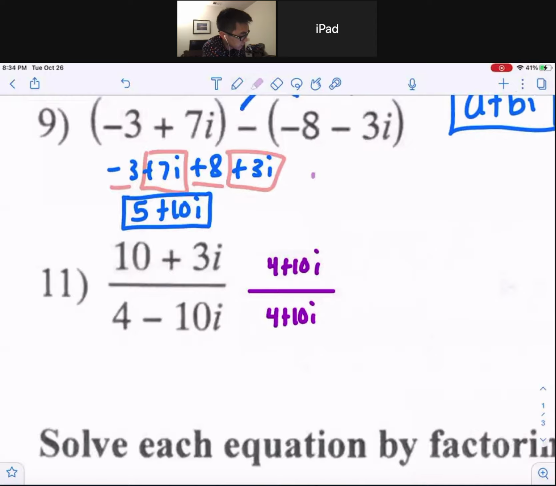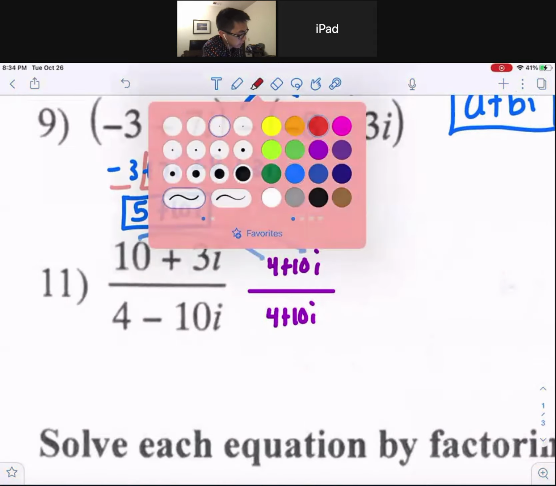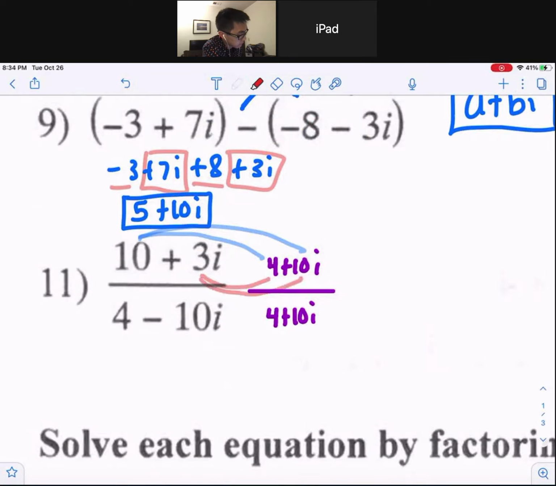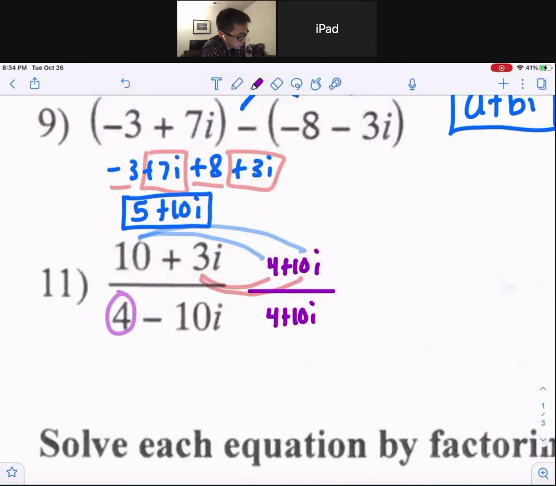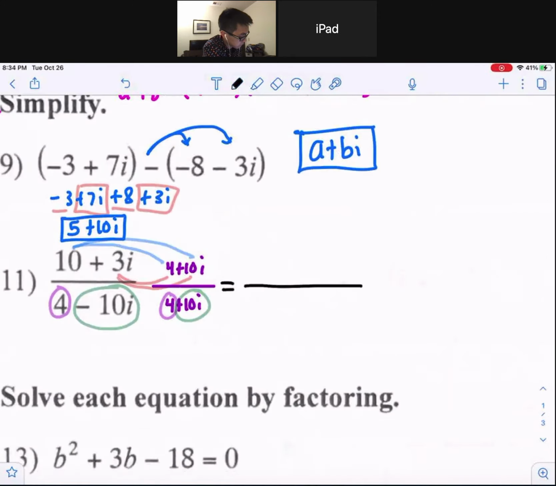And then you do a double distribution. Double distribute right there, and then the shortcut is multiply the first two and multiply the last two. Alright, 10 times 4, that's 40. 10 times 10i, that's 100i.